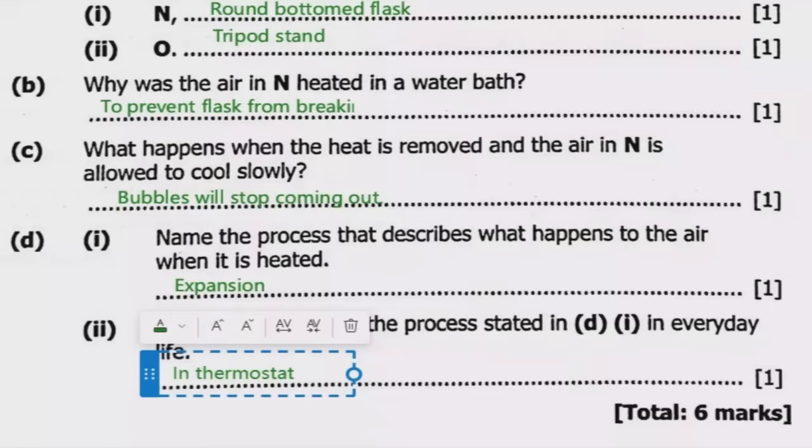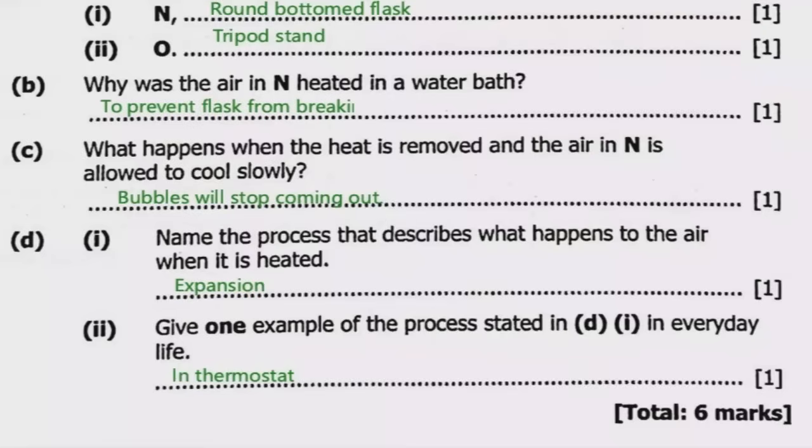In thermostat. So we can see the use of that in thermostat. Okay, so apart from thermostat, where do we also see these? We can see them in thermometer.